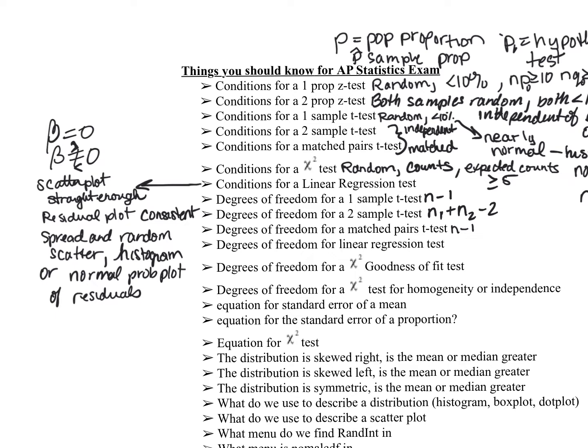What about degrees of freedom for the linear regression test, Kylie? Close. It's n-2. Because there are two variables, it's n-2.